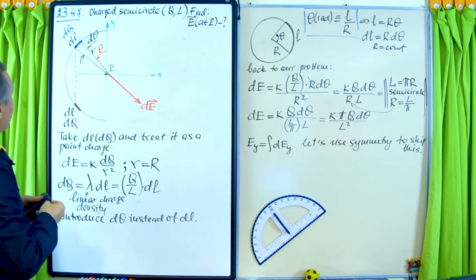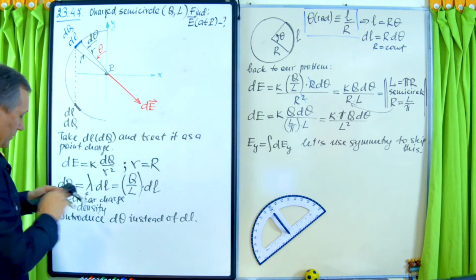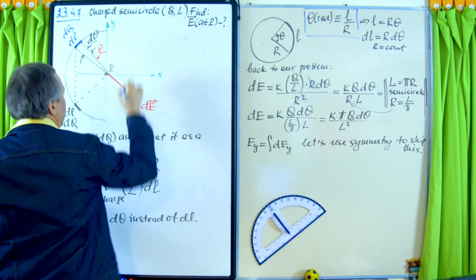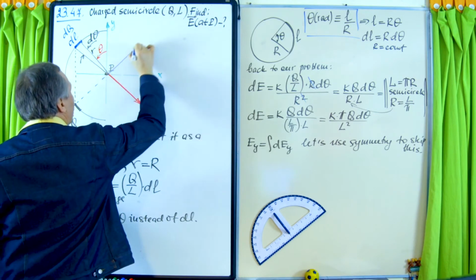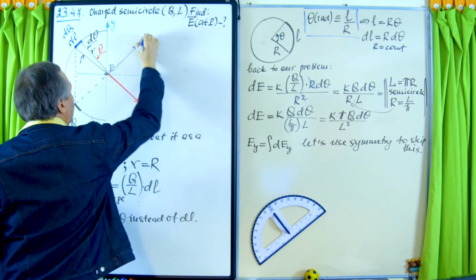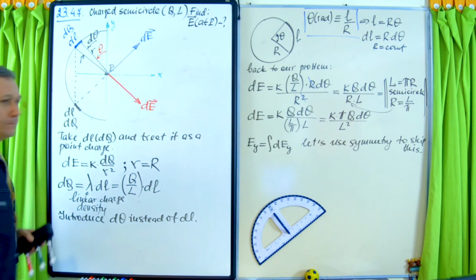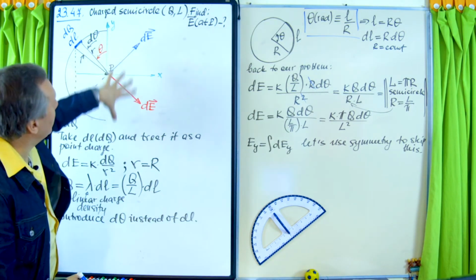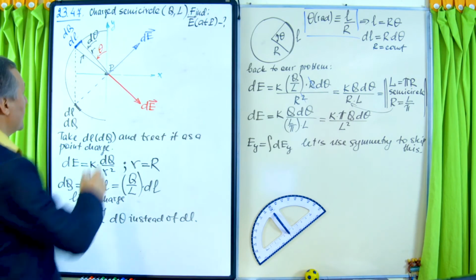And of course, this is going to create a similar electric field, but pointing that way. Now let's look at the y and x components of both these fields.